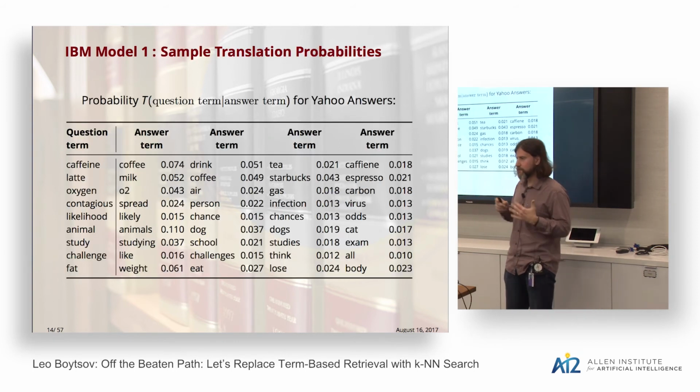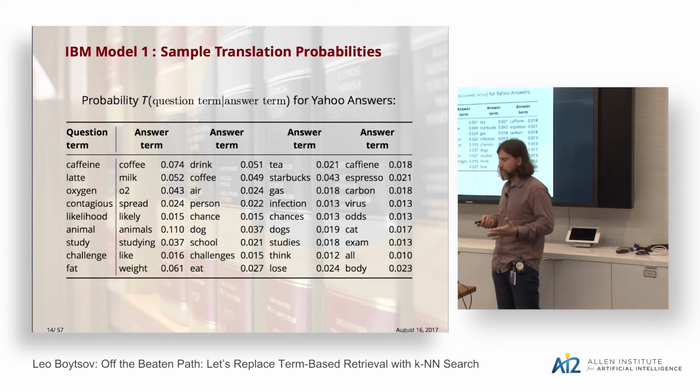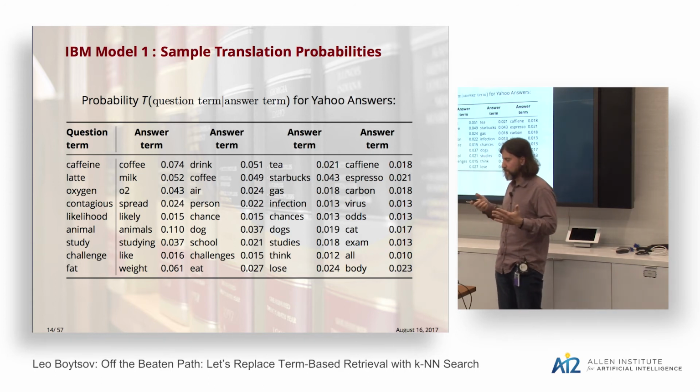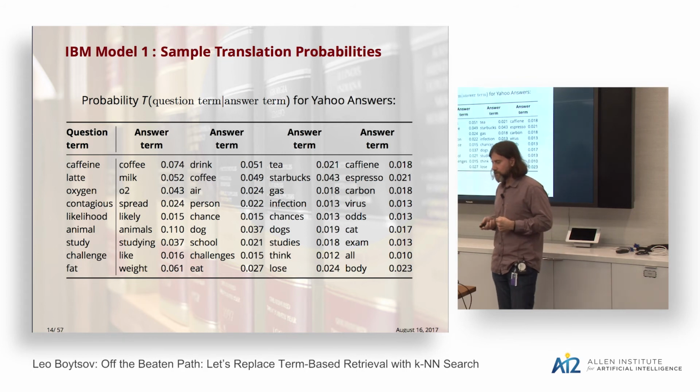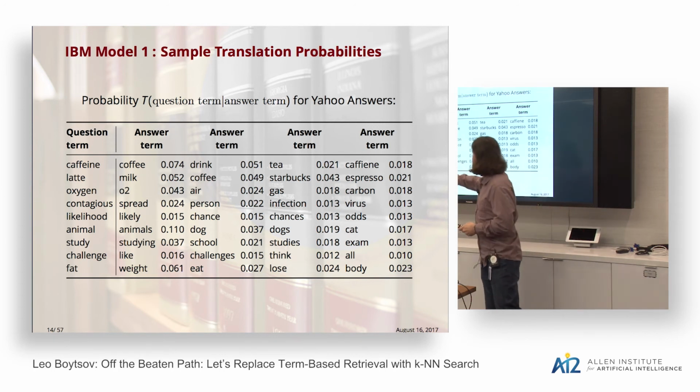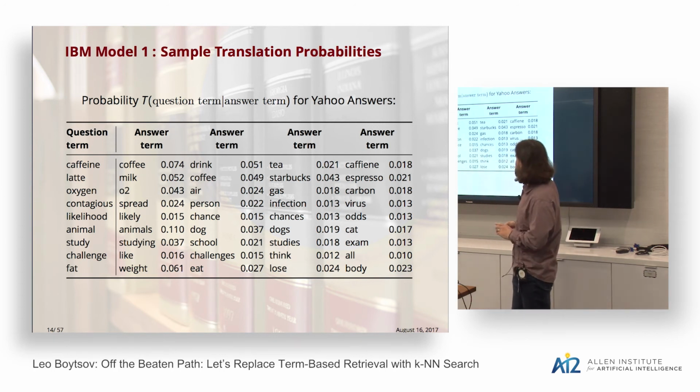Okay, so let's look at a few sample associations learned from the actual community QA corpus, Yahoo Answers. I present them in this table. In the first row, I show question terms, and the remaining rows are for answer terms with respective translation probabilities.